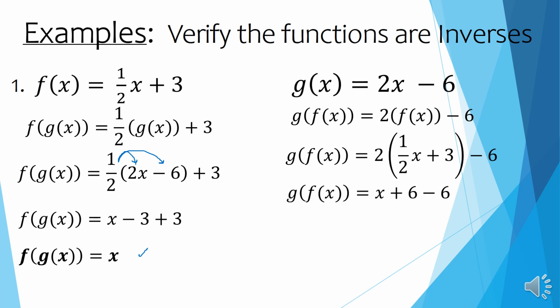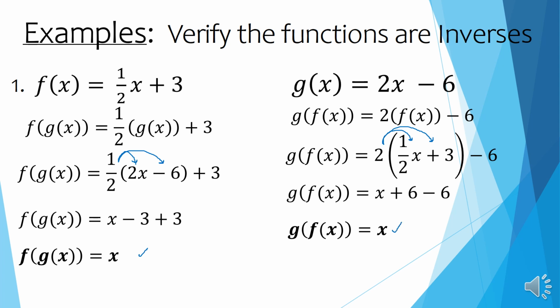And then we're going to distribute 2 multiplied by 1/2 x. 2 multiplied by 1/2 is 1. 1 times x is x. 2 multiplied by a positive 3 is a positive 6. So that gives me an x plus 6 and then minus the 6. And when we combine like terms, we get g of f of x to also equal x. That's exactly what we wanted.